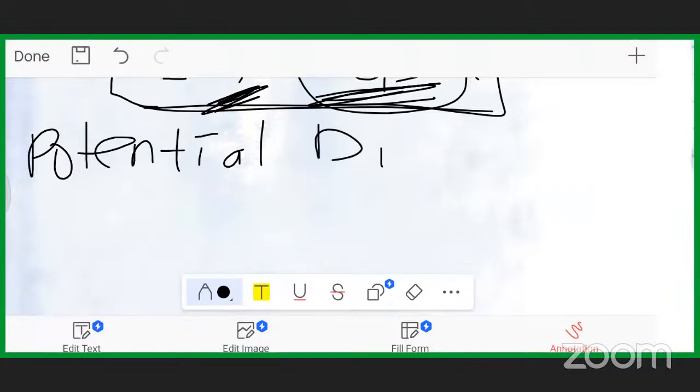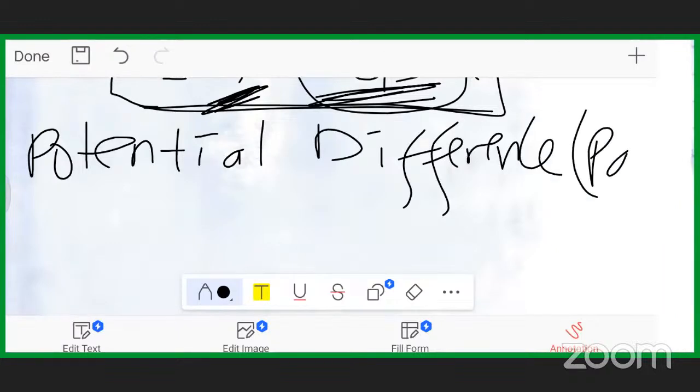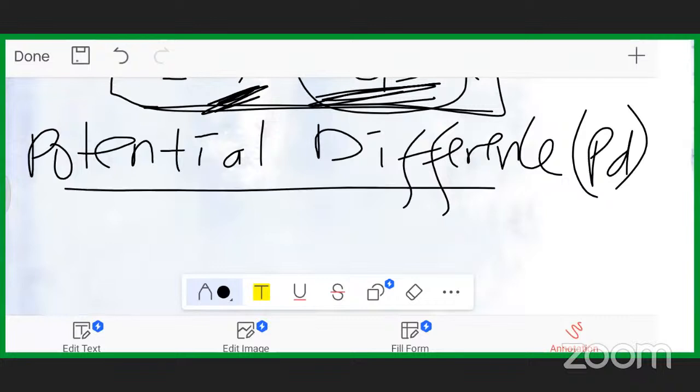So potential difference, in short form, we normally write as PD. Back in our current electricity one, we defined potential difference, and we also defined EMF. Those definitions were rather simple.